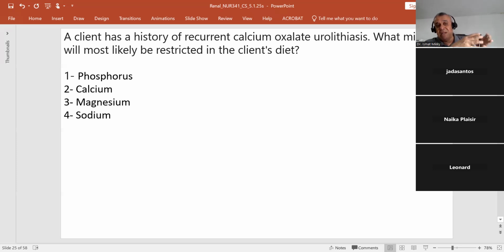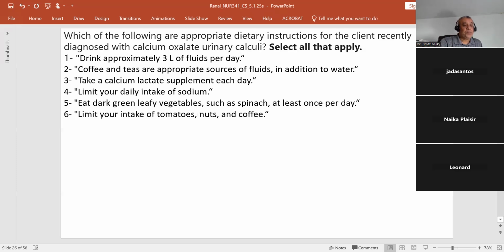Higher than 2 grams can result in a high sodium diet and then more episodes of stone formation. So high sodium can result in high calcium excretion in the urine and kidney stones. That's why these patients will be on a low sodium diet.